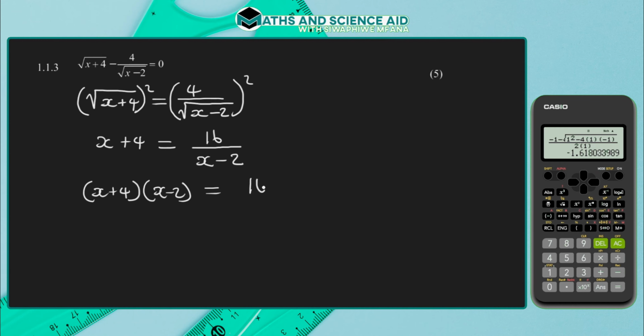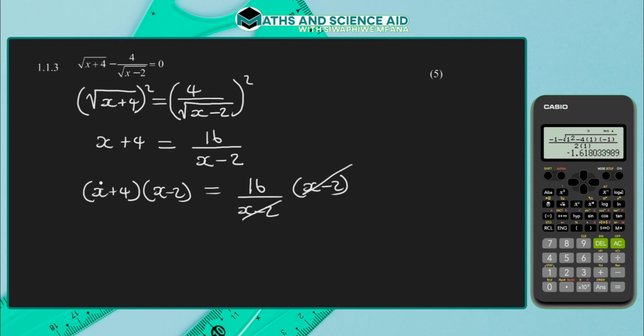And then we need to do the same thing on this side as well. Multiply by x minus 2. And if we do so, this x minus 2 will cancel with this x minus 2, which is exactly what we wanted. And now from here, we can expand these brackets.